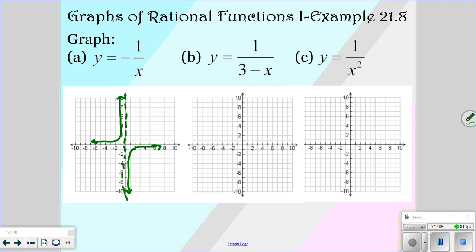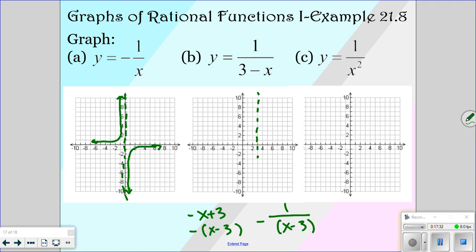For this one, the way that it is written is a little bit strange because it's got the x second. So we need to make it negative x plus 3 and then factor out that negative. So that makes it 1 over negative x minus 3. Okay, so we're going to have an asymptote at 3 because it gets shifted to the right by 3.